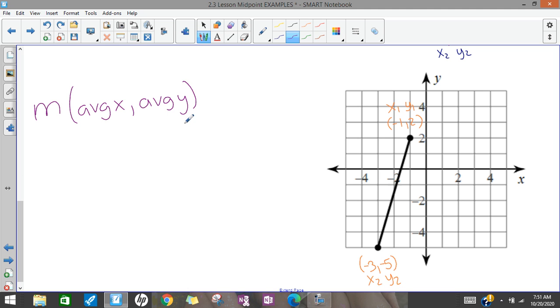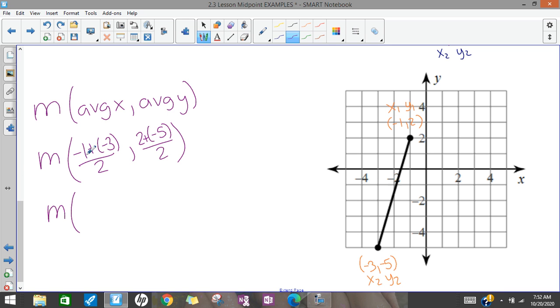Remember, an average tells you where's the middle, so we need to know the middle of the x values and the middle of the y values. So my two x's are -1 and -3. We'll add those. Averaging means add them and we'll divide by 2 since there's two numbers. Then my y's are 2 and -5. Again, we're dividing by 2 because we're adding two numbers together.